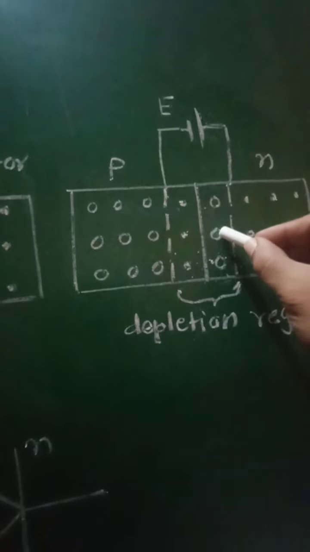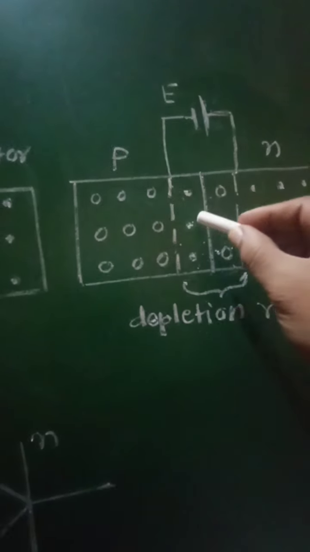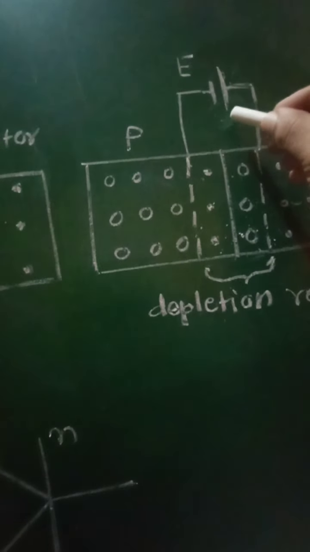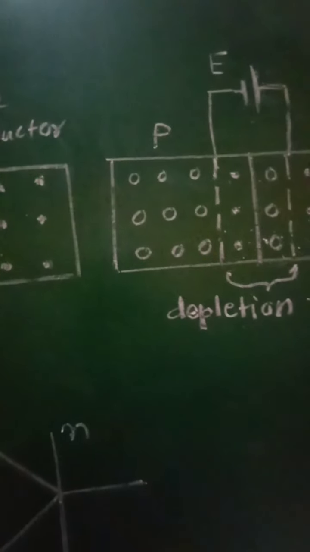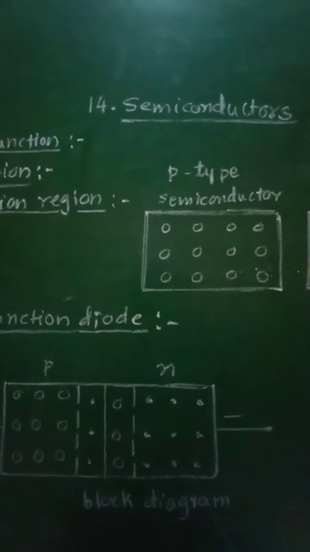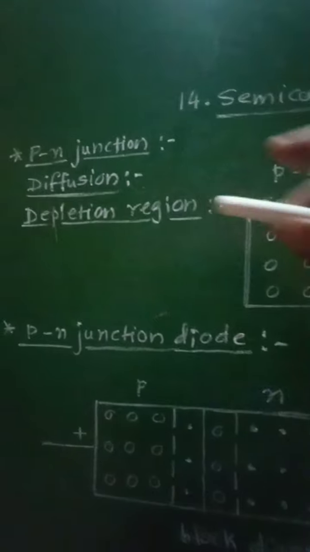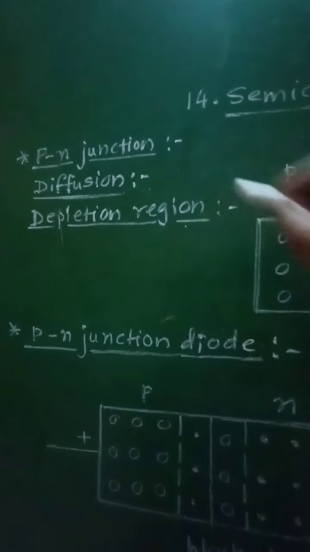Positive potential will be produced on the n side and negative potential will be produced on the p side, so that here a small source of potential difference is shown. So this will be due to the diffusion of charge carriers from the p region to the n region and from the n region to the p region. Now let us see what that depletion region is.